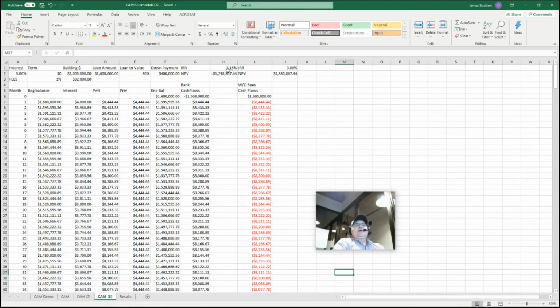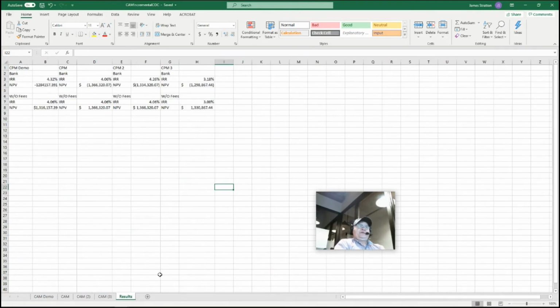Okay, so our cash flows came out different. So the cash flows to the bank are 3.18% because of the fees charged, and of course if without the fees, the effective rate would be 3.0. So you paid 0.18% on that $32,000. That's what that meant over the term of the note.